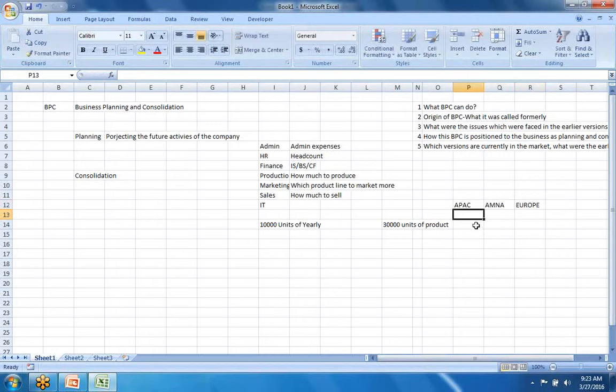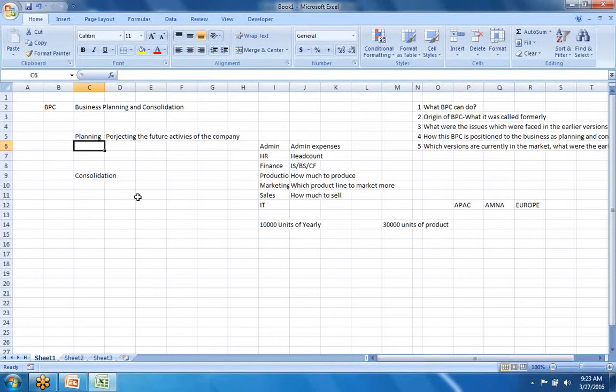Currently I operate in APAC, and because there is huge demand in the other geographies, I anticipate selling 30,000 units. For this, I need to start planning, and it's going to be enterprise-wide planning. BPC will help you in doing that.